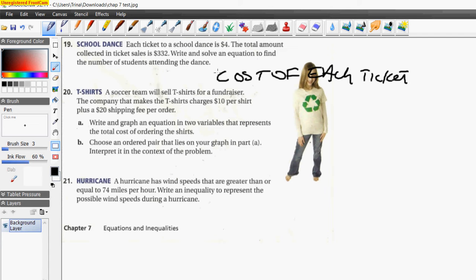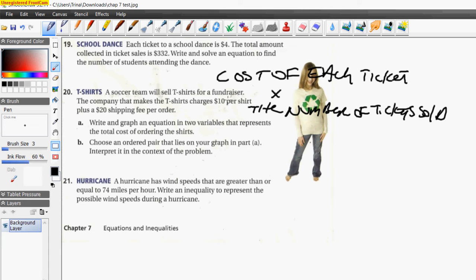Cost of each ticket times, okay, the number of tickets sold. The number of tickets sold.